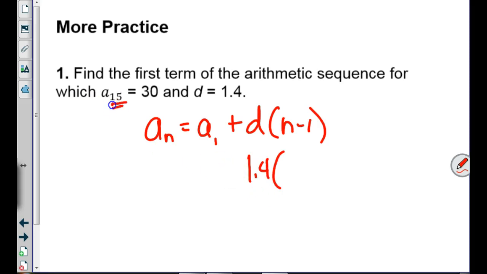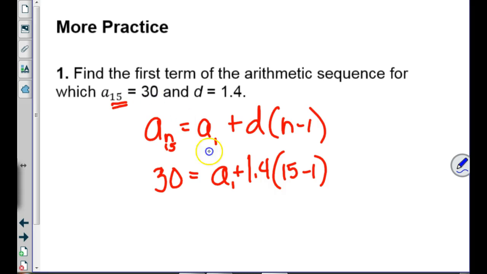Okay, we're talking about the 15th term. It would say over here the 15th term is 30. So I'm going to say that in the way that makes sense in my head. The first term had 14 differences added to it and became 30.